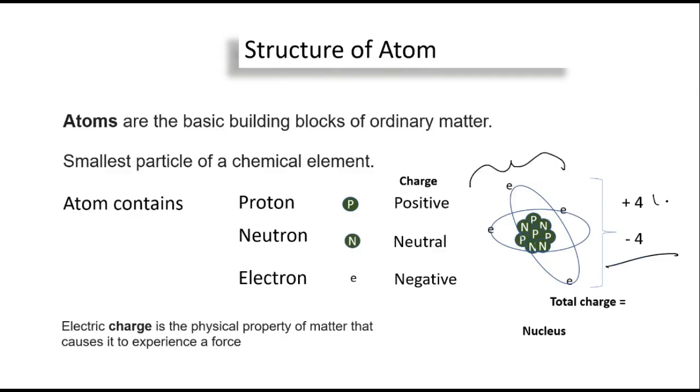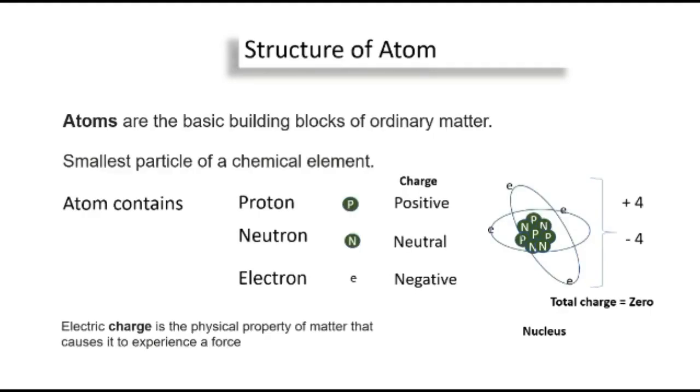So plus 4 and minus 4 will become 0. So the total charge is 0. When the total charge is 0, then we call the atom neutral in nature. Okay, the atom is neutral in nature. So we can even write here neutral.